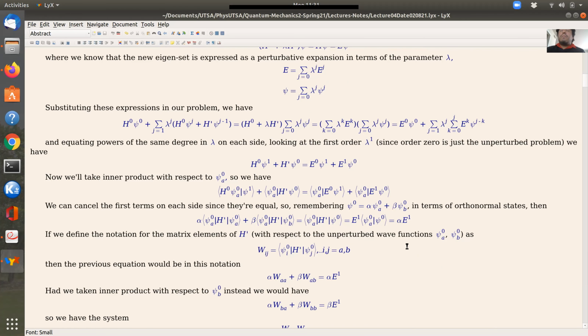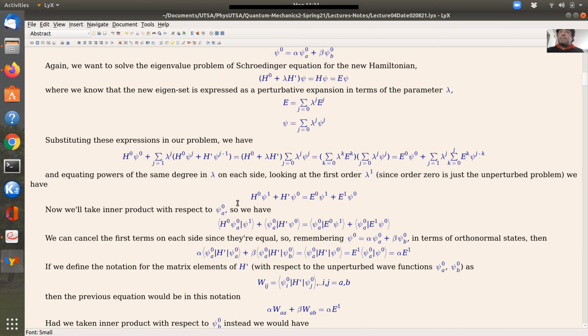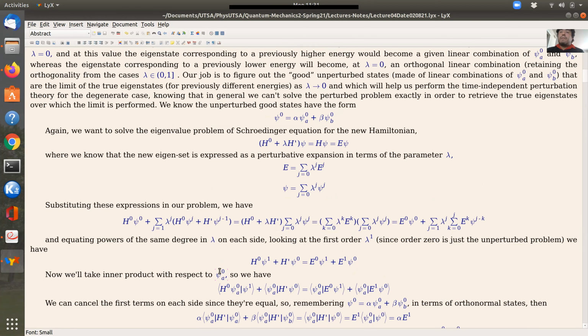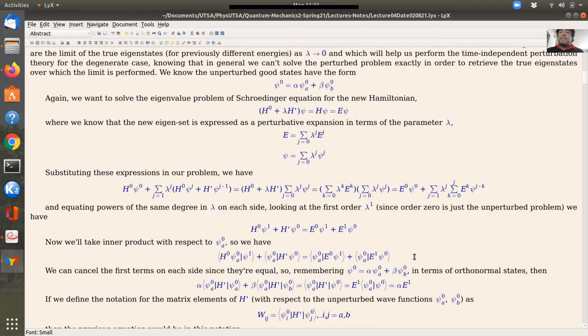So we do the same trick of basically projecting onto the space that we want, which is we'll take inner product with respect to psi 0a, which is one of the two elements of our basis for the two-dimensional degenerate subspace.